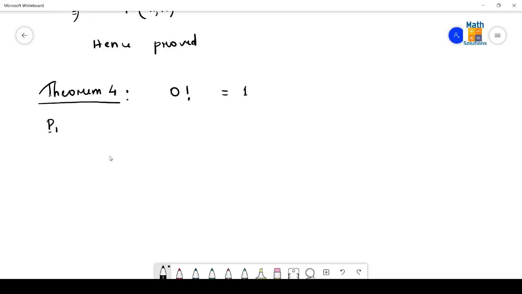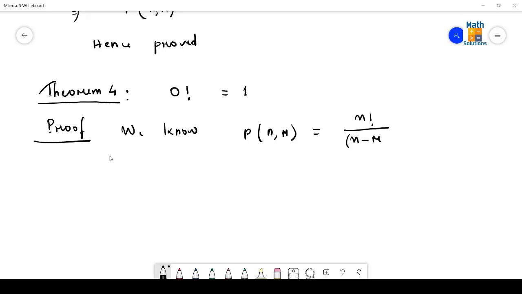So coming to the proof part, we know that P n r is equal to n factorial divided by n minus r whole factorial.